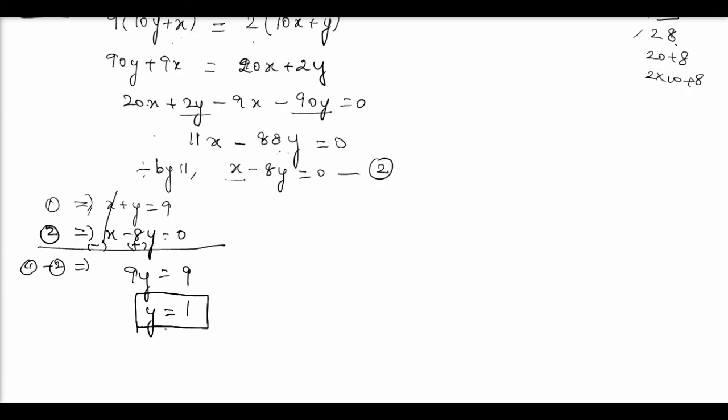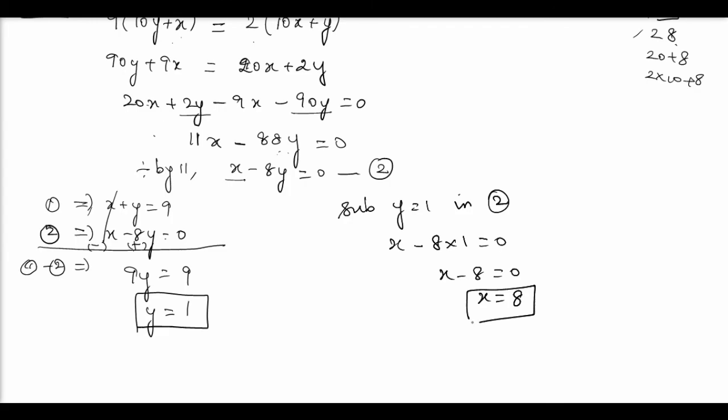Right? So that is the number in the tens place. Substitute y equal 1 in equation 2 to get the value of x. So it's x minus 8 into 1 equals 0. So x minus 8 equals 0 gives me x equal 8. So the digit in tens place is 1 and the digit in ones place is 8, and we have seen that the number is 10y plus x, isn't it?